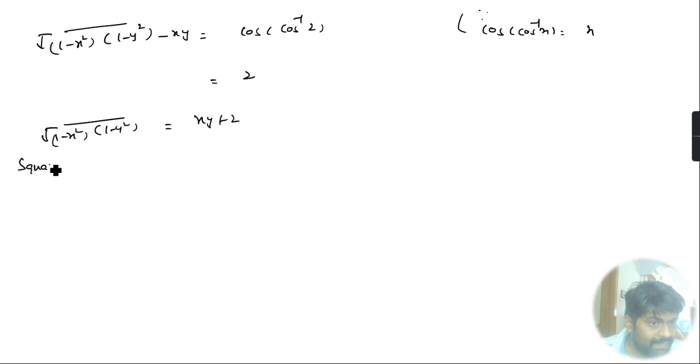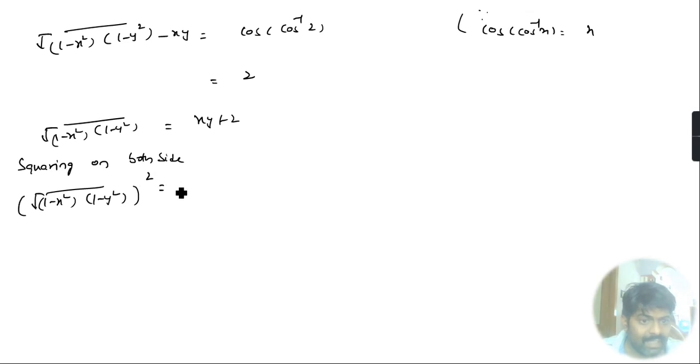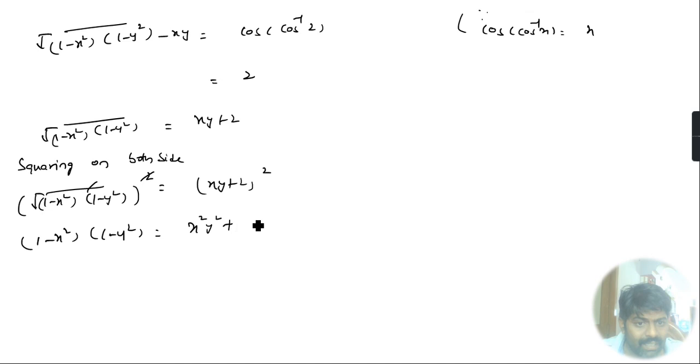Squaring on both sides, we get that root of 1 minus x square into 1 minus y square whole square is equal to xy plus z whole square. The square root is cancelled. We get that 1 minus x square into 1 minus y square is equal to a plus b whole square, a square plus b square plus 2ab.